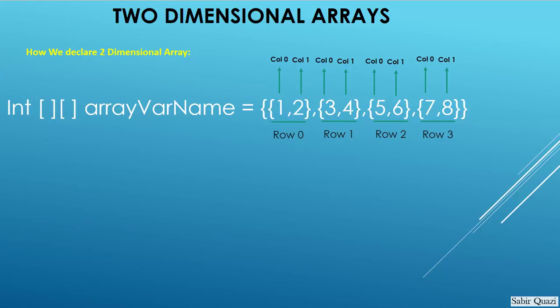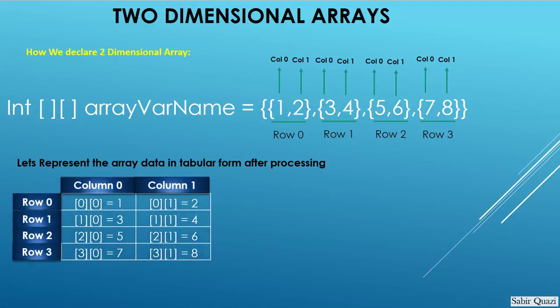So we can convert this into a table. Let's represent this array in tabular form. What happens when we process this two-dimensional array? This is the table. We can see how the data from an array looks when stored in a table, where A represents the array.